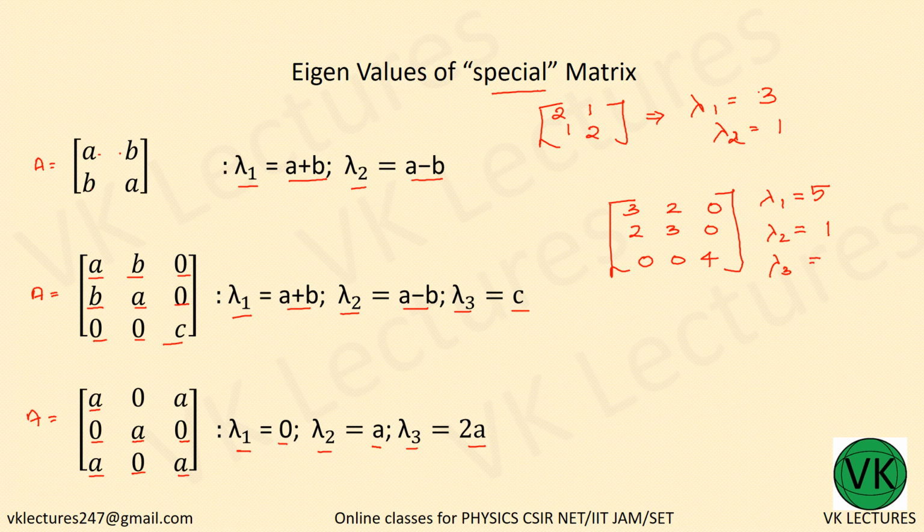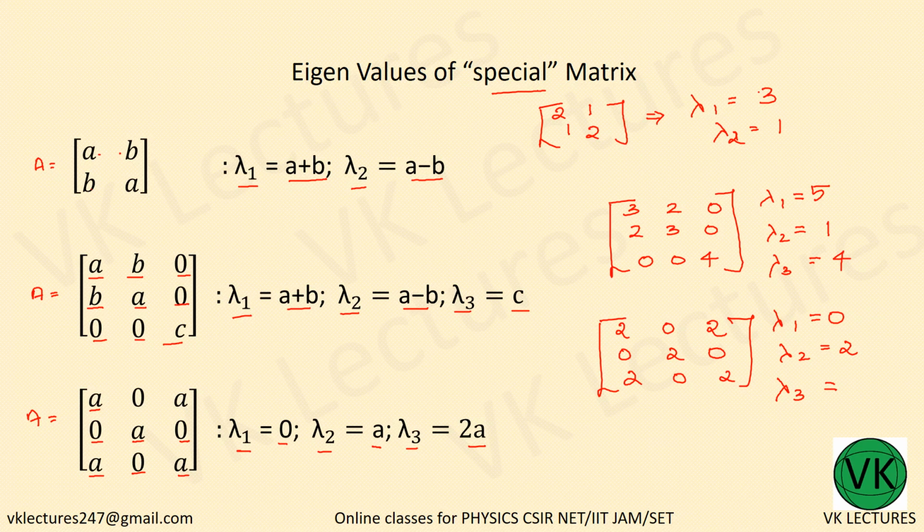Here 4. Okay. So similarly if I write here 2 0 2, 0 2 0 and 2 0 2, find lambda 1 equals 0, lambda 2 equals 2, lambda 3 equals 2 times 2, that is 4.